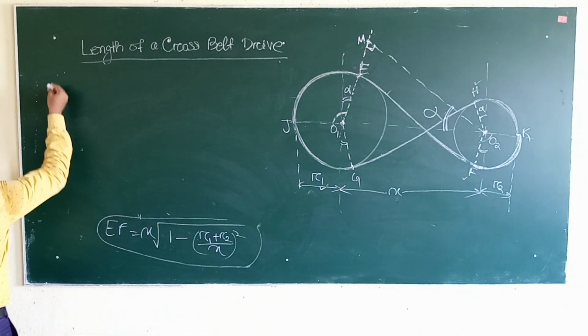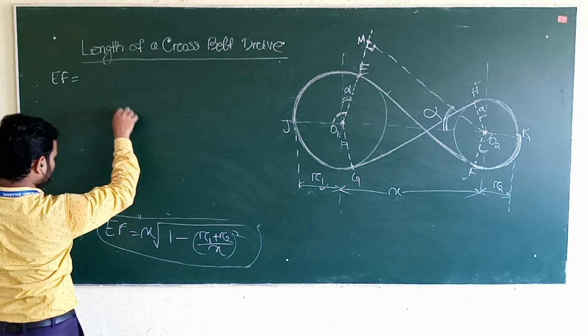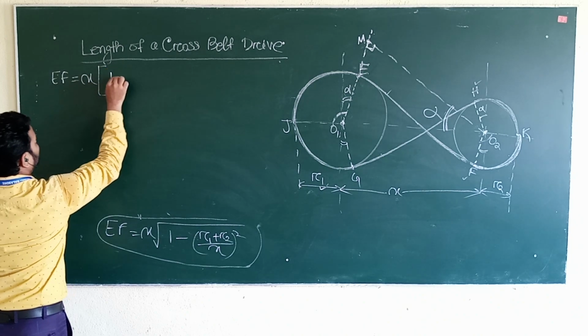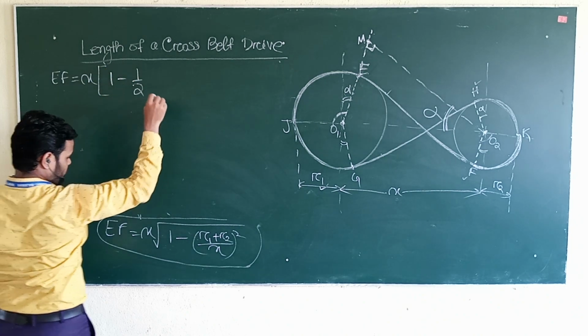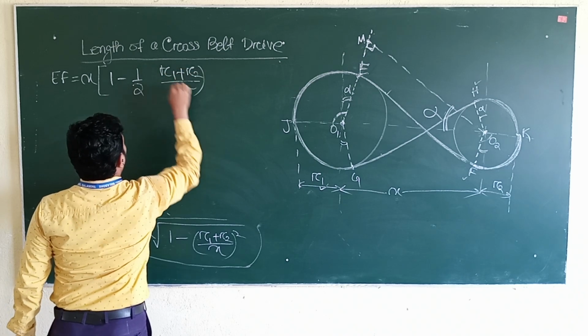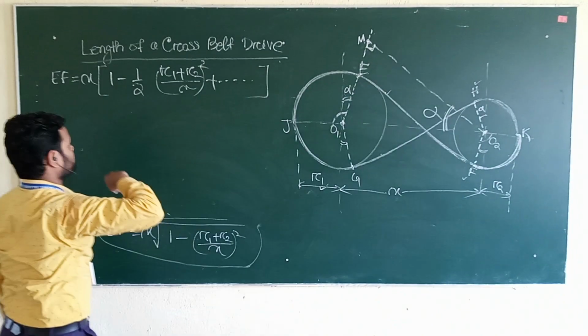So after expanding, we will get EF equal to x times square bracket 1 minus half of ((r1 plus r2) divided by x) square plus several other terms.